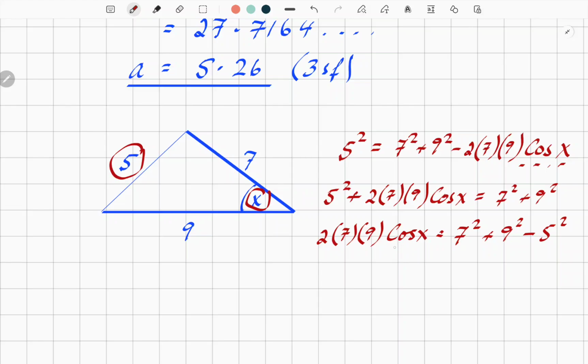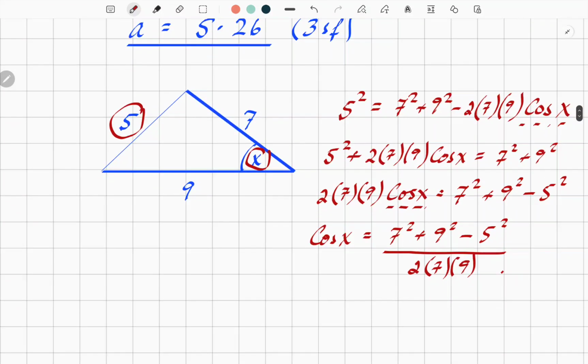Yeah. And then, because we want cos x on its own, we divide the right-hand side by 2 times 7 times 9. I've deliberately left all the numbers with squares on them because I wanted to show where it all comes from. So I haven't actually calculated anything yet.